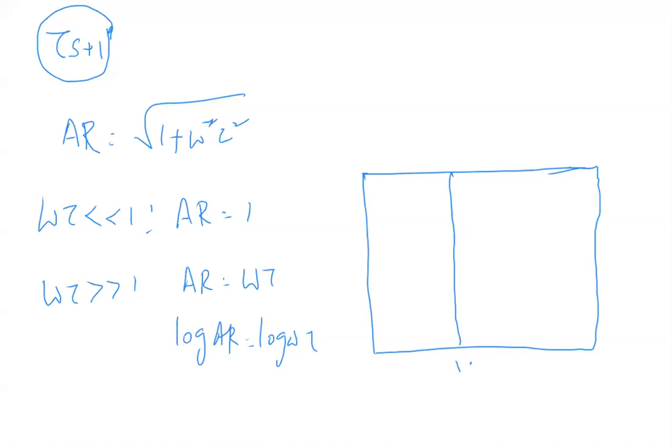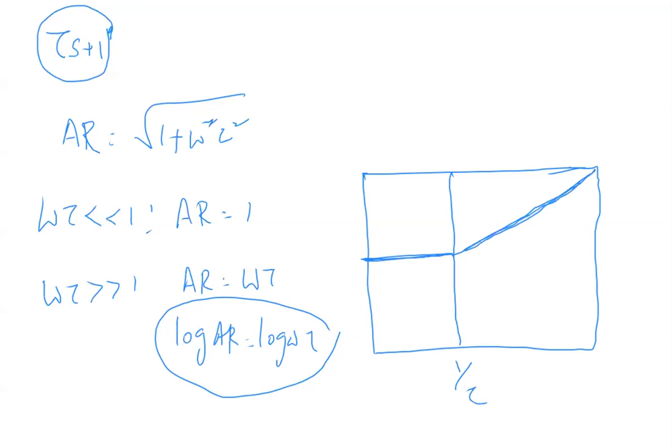At the corner frequency 1 by tau, this is y equal to x, positive slope. This is one asymptote, another one is this asymptote with a slope of plus 1. Clear? Infinity, 0. This is amplitude ratio.